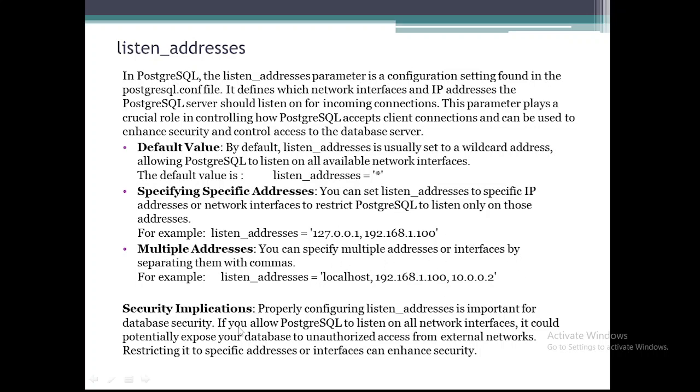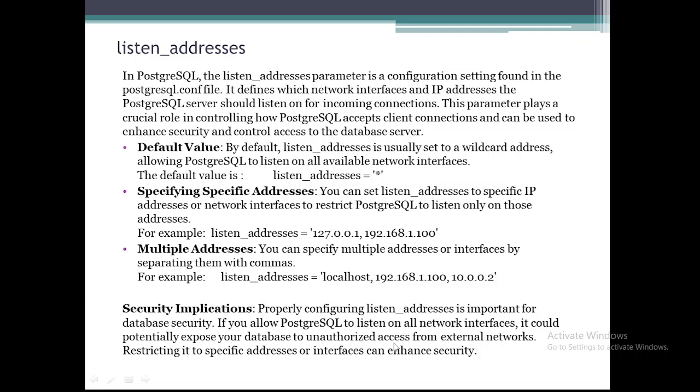Another point is the security implications. Properly configuring listen_addresses is important for database security. If you allow PostgreSQL to listen on all your network interfaces, it could potentially expose your database to unauthorized access from external networks.